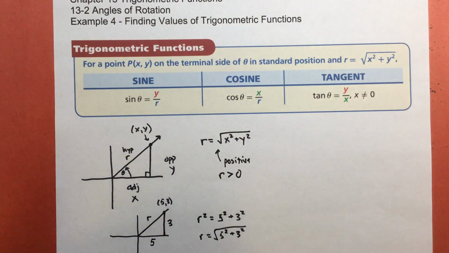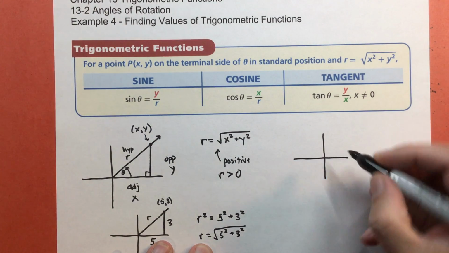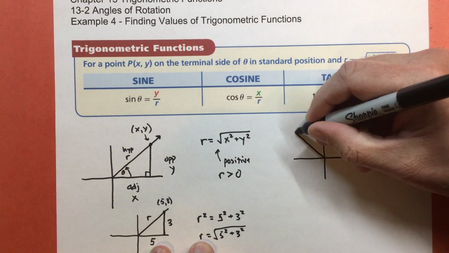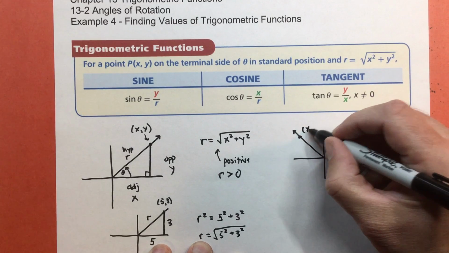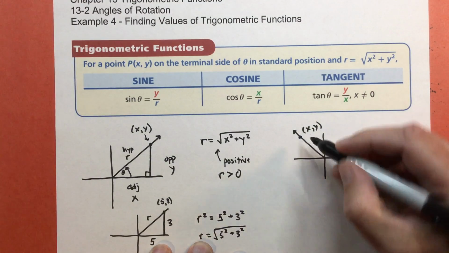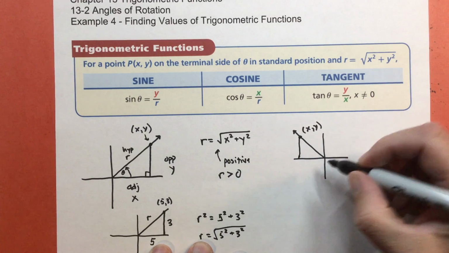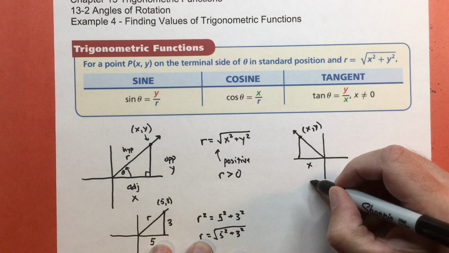Now you might be thinking, what about x and y? Are x and y always going to be positive? No. What happens if I'm in quadrant 2? Here's my x coordinate, here's my y coordinate, but in this case, I went to the left, so this x is going to be negative.